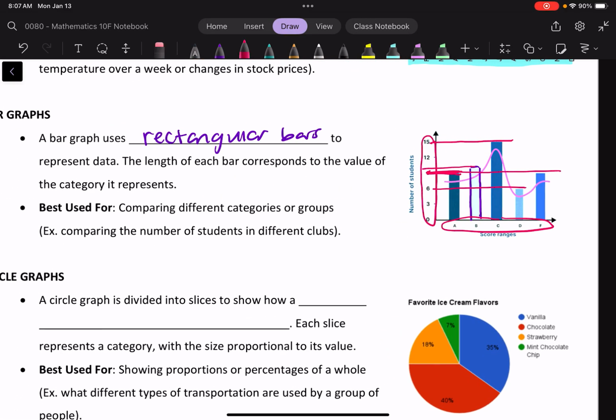Bar graphs are really good for comparing different categories or groups to each other.